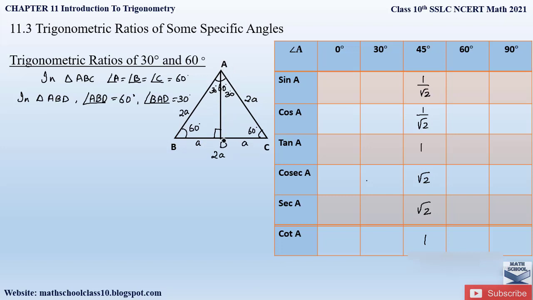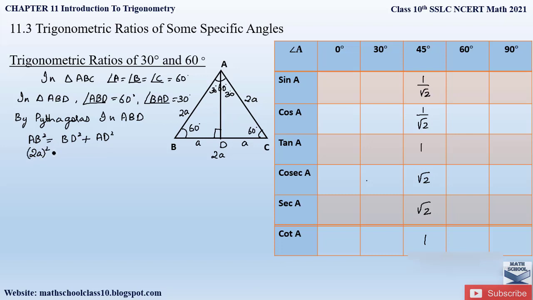Now let us find out the AD side by applying the Pythagoras theorem. So by Pythagoras theorem in triangle ABD, the hypotenuse is AB. AB square is equal to BD square plus AD square. That is the base square plus the perpendicular square. So here our AB value is 2a.